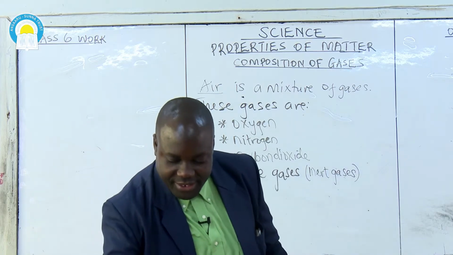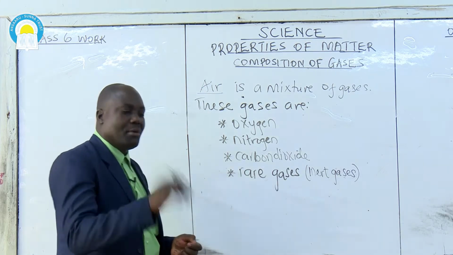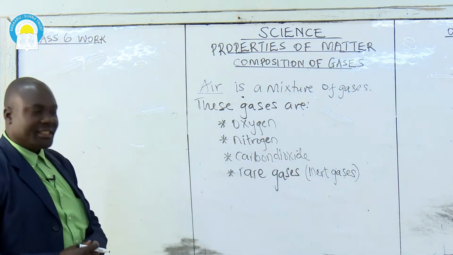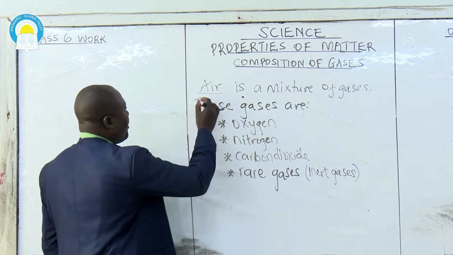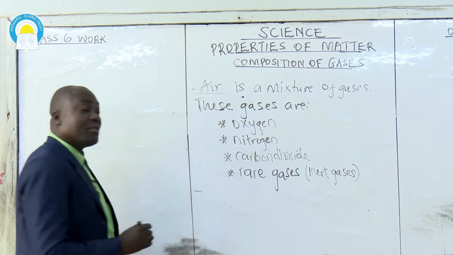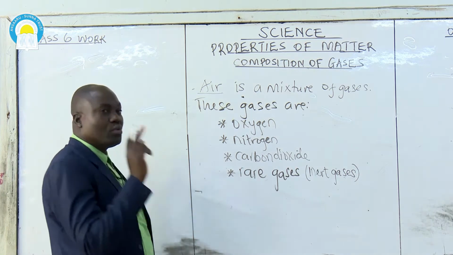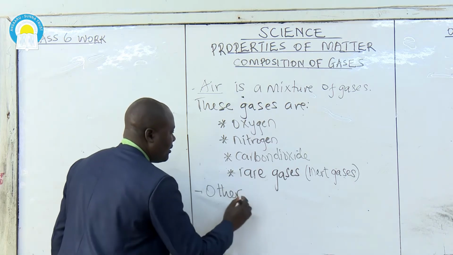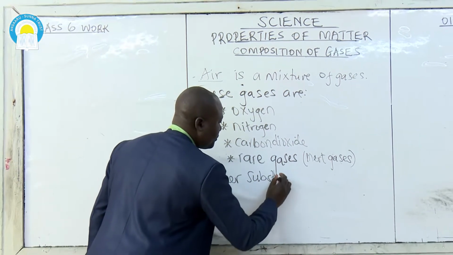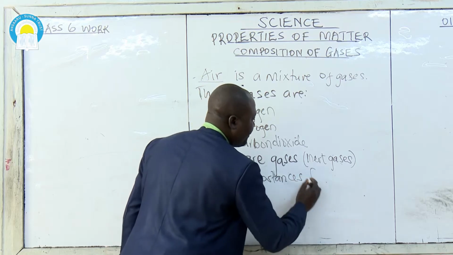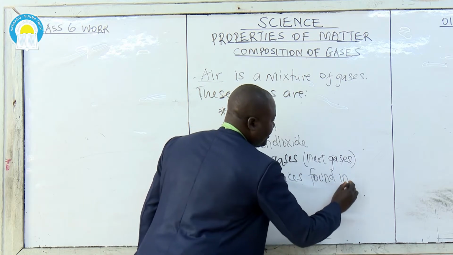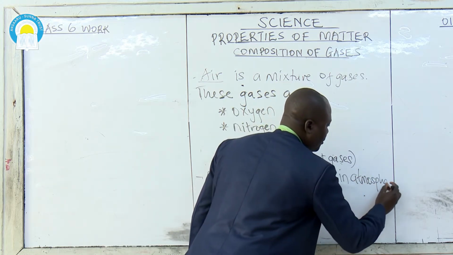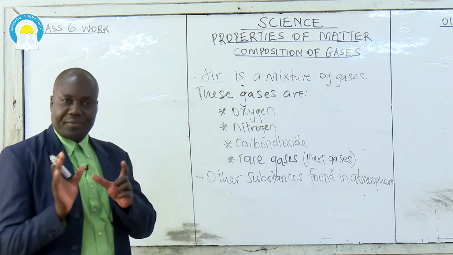Many times they'll bring a question, or in the book, you will have a circle representing all these gases. Before I advance, apart from this, we also have two other things found in the atmosphere, but they are not part of air.